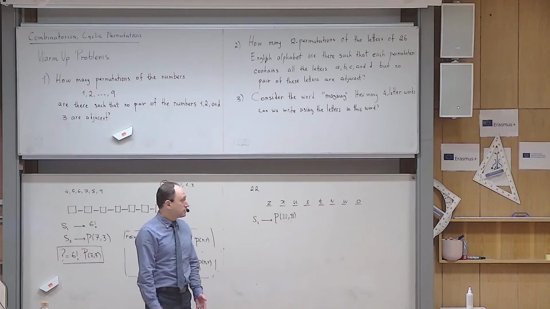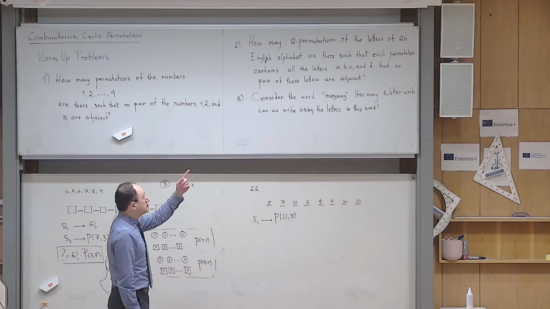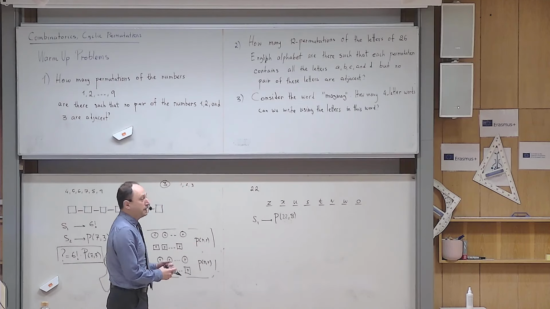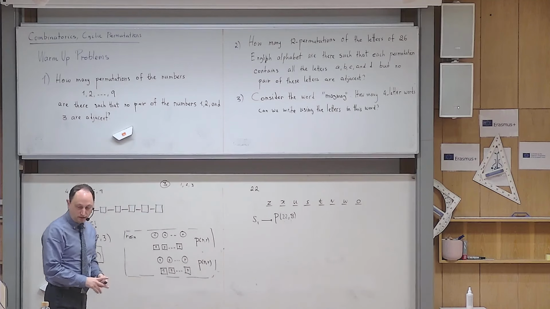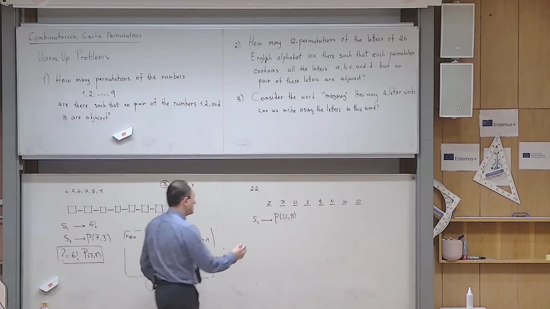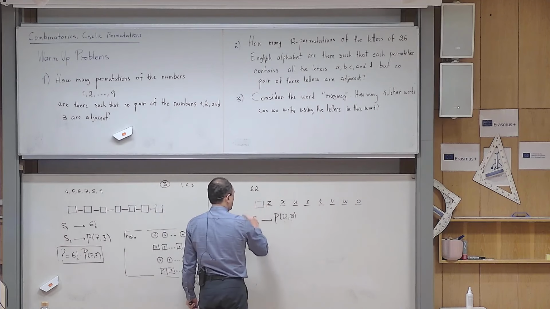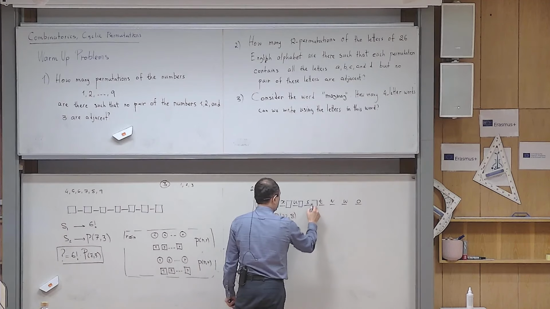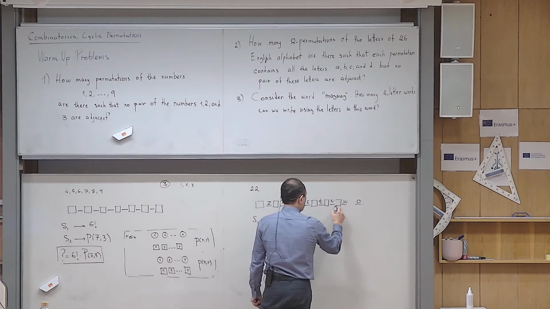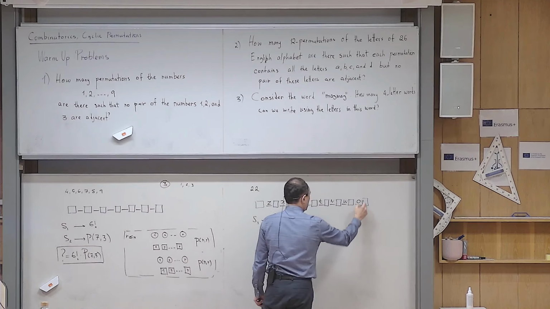And now the second stage is to put those 4 letters in a way that no pair is adjacent. And that's exactly this model, this method, yes? So how many empty spaces do I have? 1, 2, 3, 4, 5, 6, 7, 8, and 9.